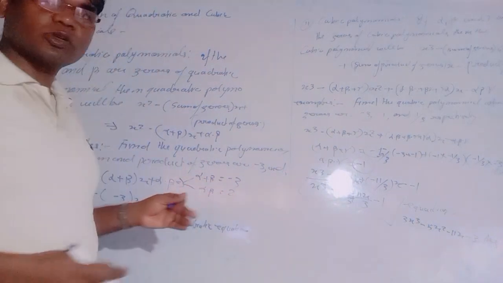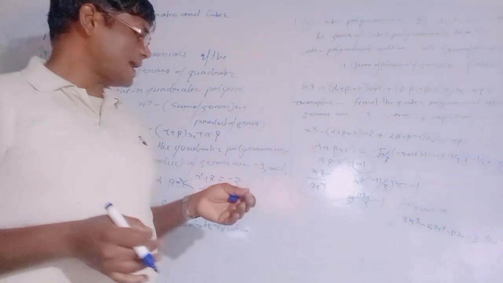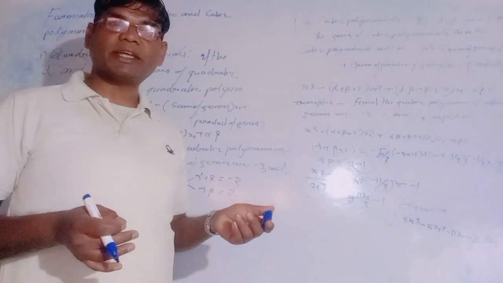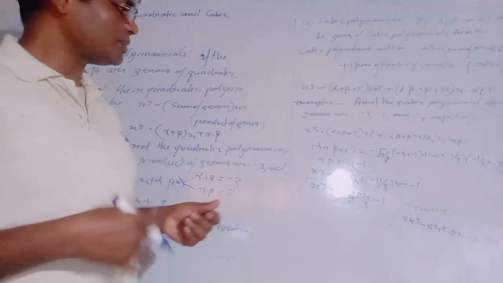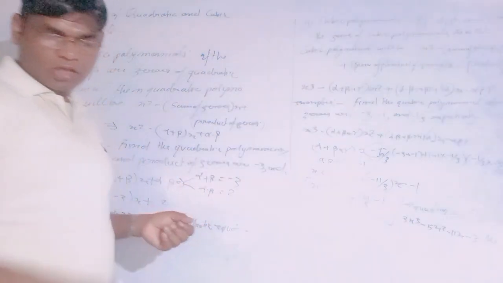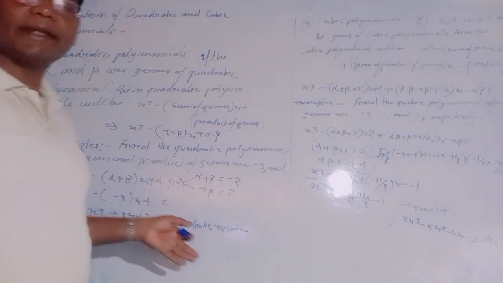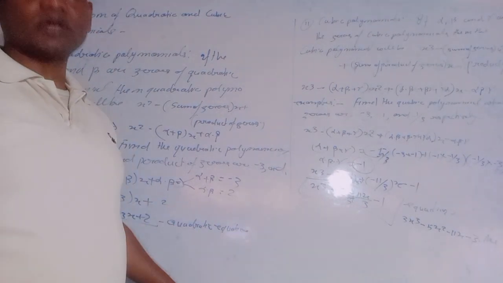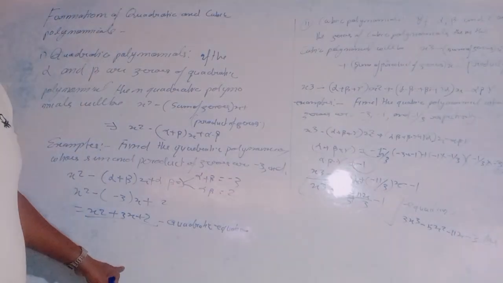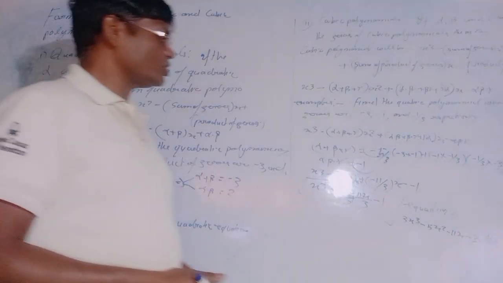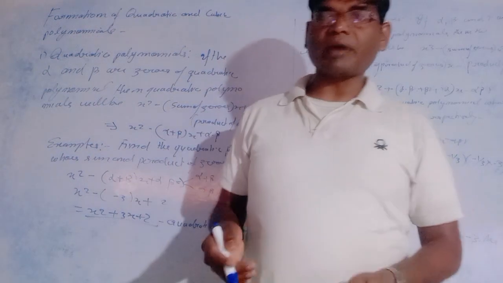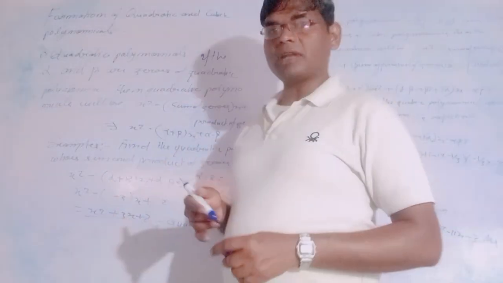Suppose a different type of question comes, then we will calculate using a different mode and different tactics. If alpha and beta are zeros, and the sum and product of any quadratic equation is given, then we will find the product of zeros and the sum of zeros, and according to the formula we can calculate.